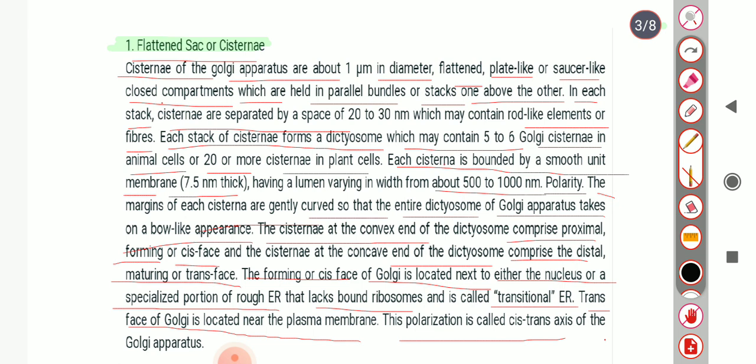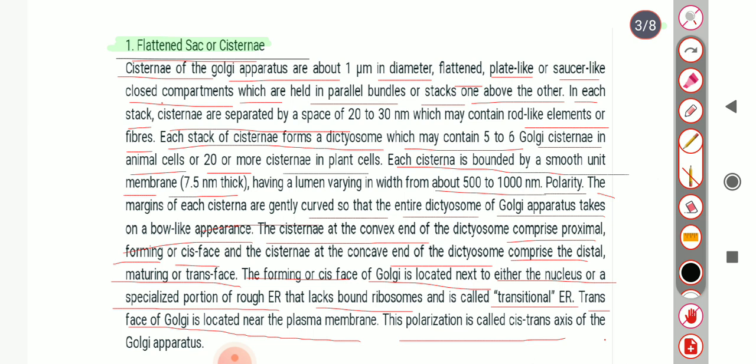Third, when we come to the morphological shape or structure of the Golgi apparatus, it contains four types, and cisterna or platent. Cisterna is of two types: trans phase or cis phase. Trans phase is called the maturing phase, and cis phase is called the forming phase.